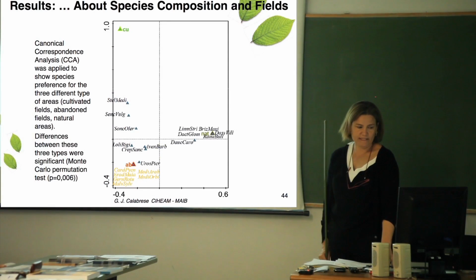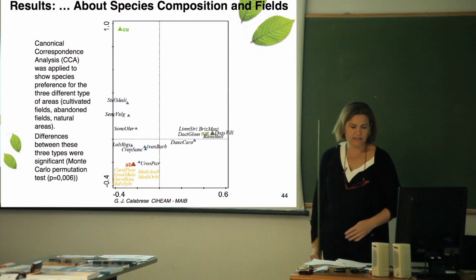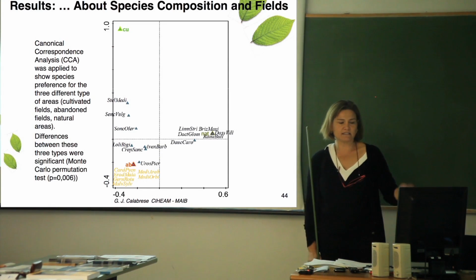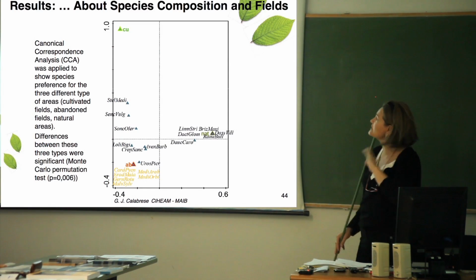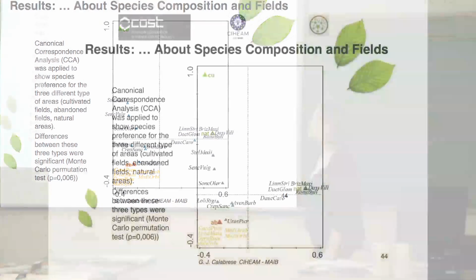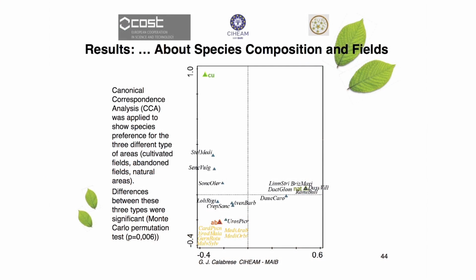What we did as a second point is that we crossed some species to see if there is some preference in choosing to grow in the abandoned area, in the natural area, and in the cultivated.